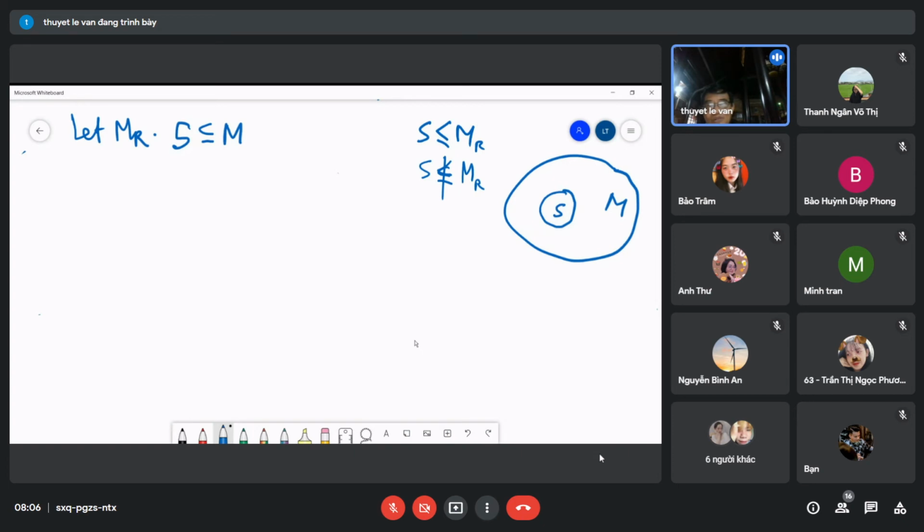So we go back to the criteria of a submodule.